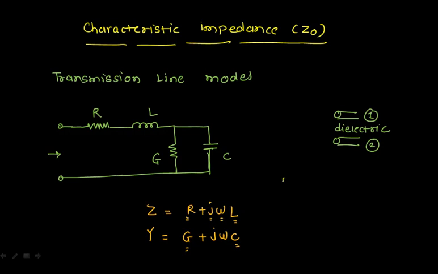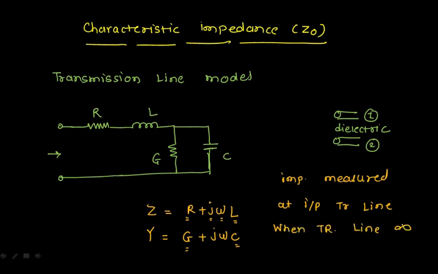Okay, and when this transmission line is infinite, assuming that my transmission line is infinite, whenever you measure this particular input impedance, it will be called the transmission line impedance.